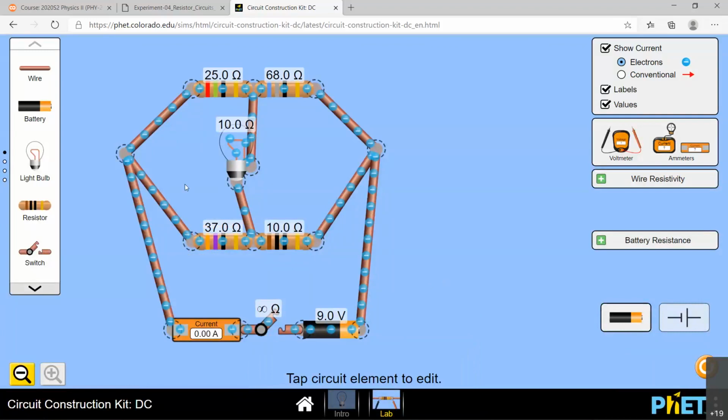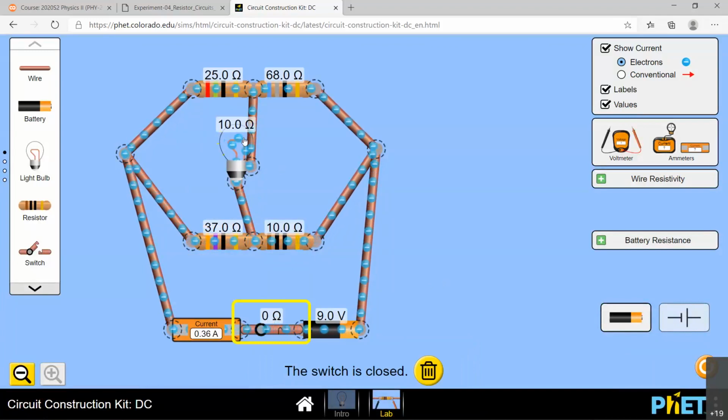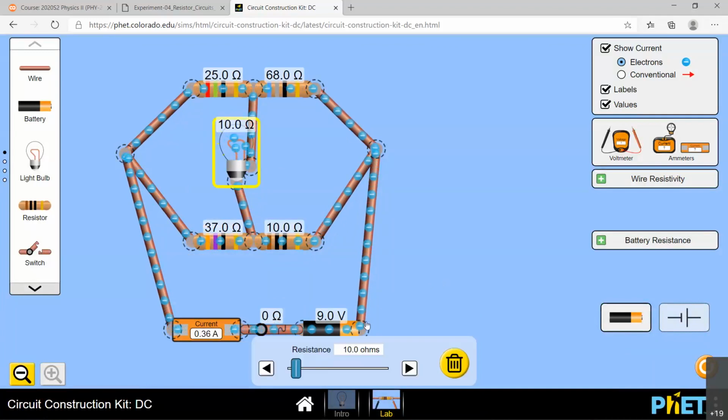After you finish adjusting all of those, if you switch this on, then you can see current passing through every segment. You can see the current passing through the bulb. So for the light bulb, let's decrease that ohms value. Then you can see more current passing through there. If you increase the value, you can see less and less current passing through there.